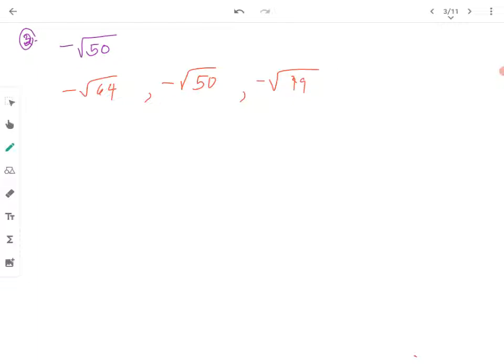It's like saying it's greater than negative 8, because negative 64 becomes negative 8, but it's less than negative 7.